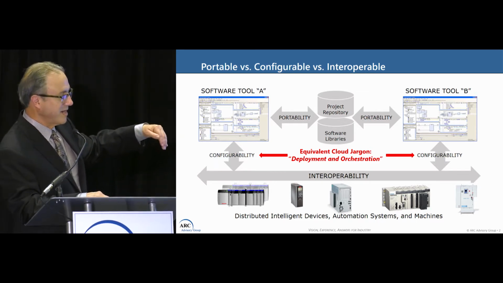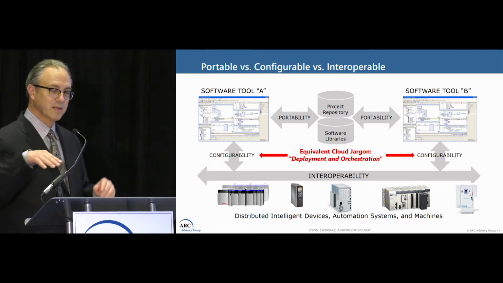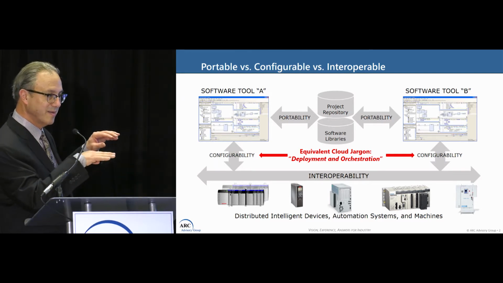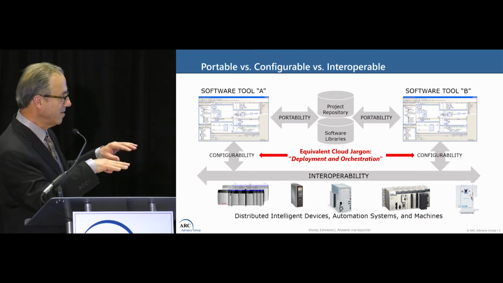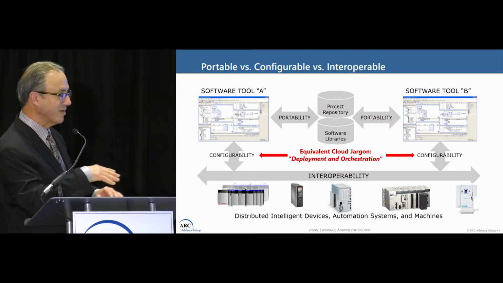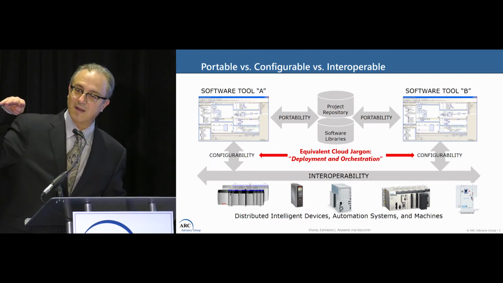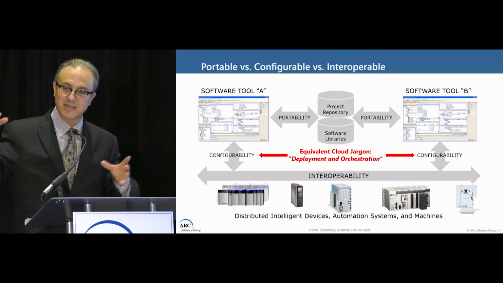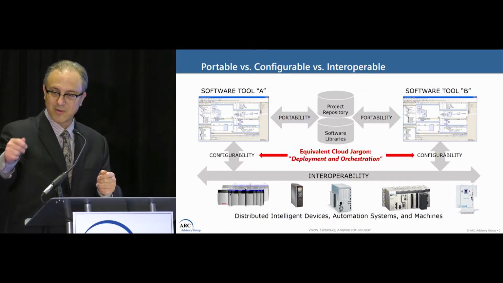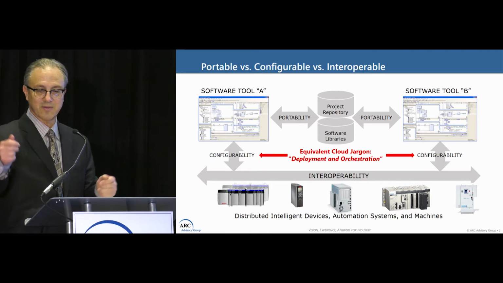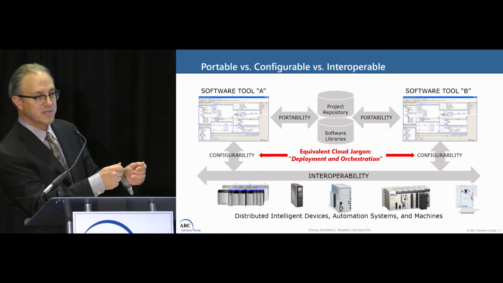In the automation space, the definition of configurability is a little bit too traditional and kind of weak in today's worldview. In the traditional sense, we think of going to an engineering system, reaching down into a device, manipulating the parameters of the configuration of that device, whether it's an I/O module or a PLC or a DCS controller.